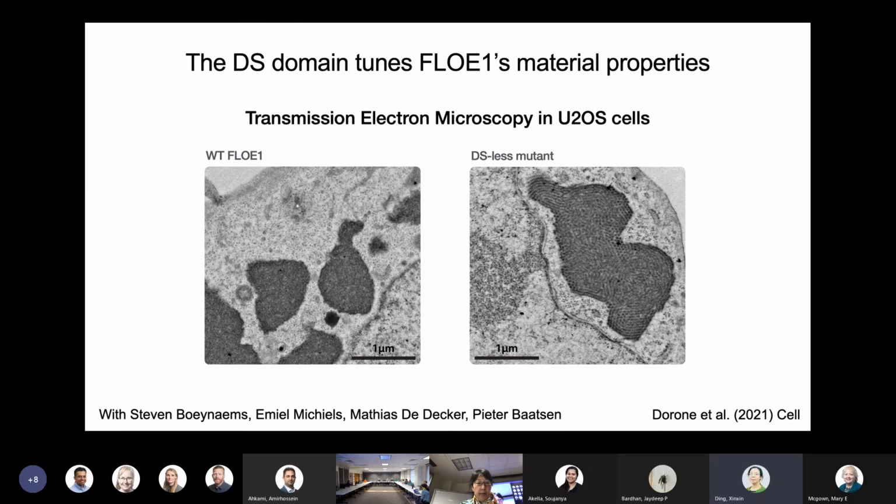Sorry. So it sounds like the FLOW proteins can form these liquid droplets or aggregates on their own, without assistance of other proteins, just based on the change in the water potential.